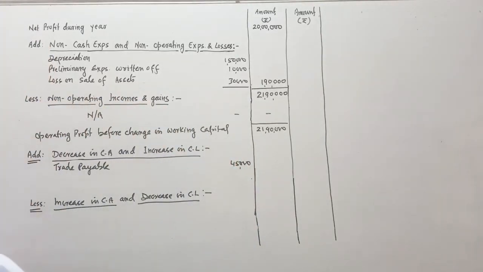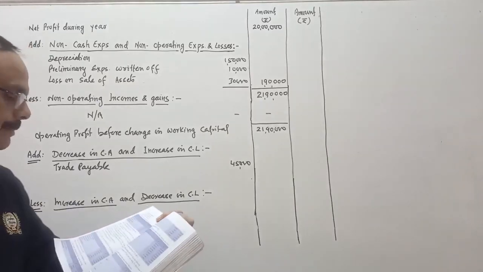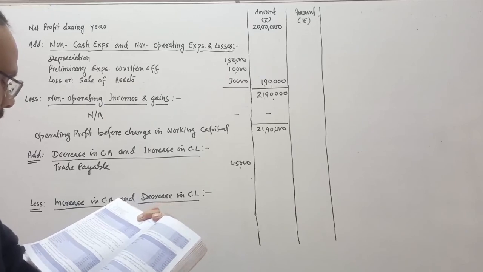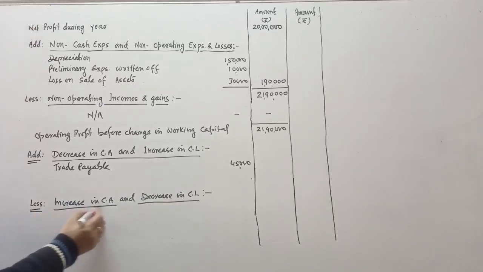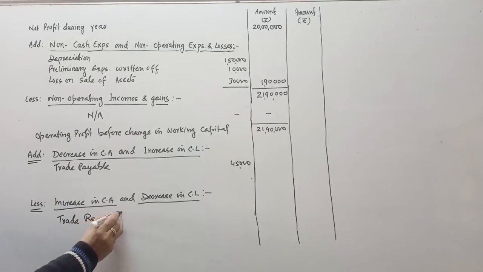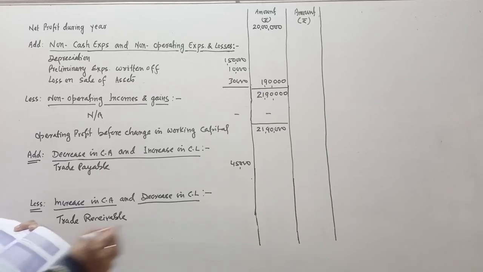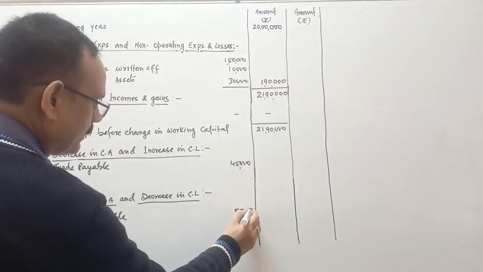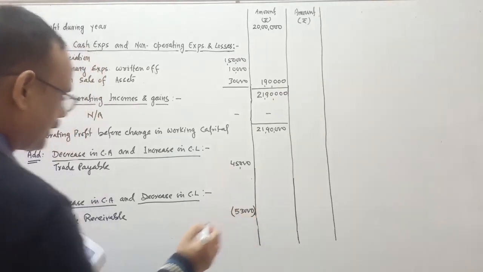Trade receivable is a current asset, an increase of 53,000. Trade receivable is increased, so we deduct it, because it's an increase in current assets. So it is 53,000, in brackets.